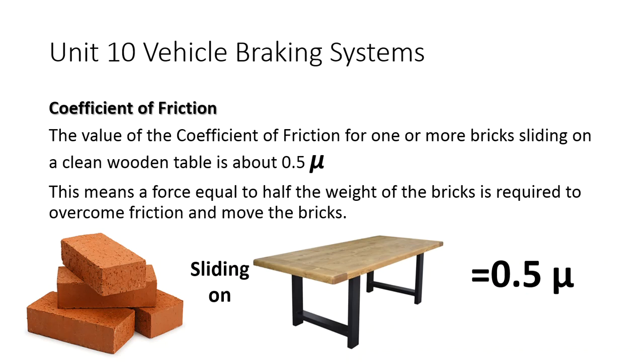So if we took the 500 grams of push force and divided by the 1 kilo weight, we get 0.5. That's our 0.5 mu, our coefficient of friction for brick on wood.